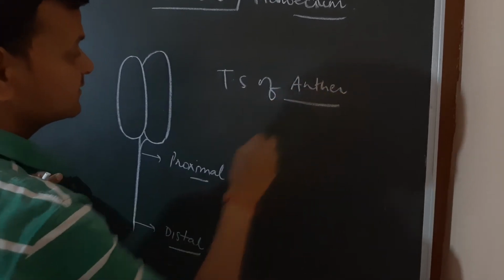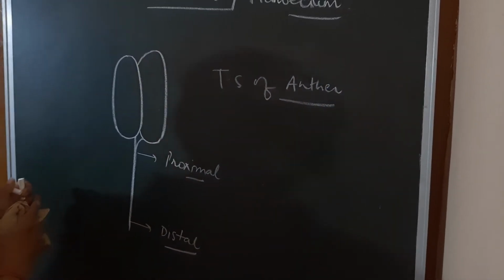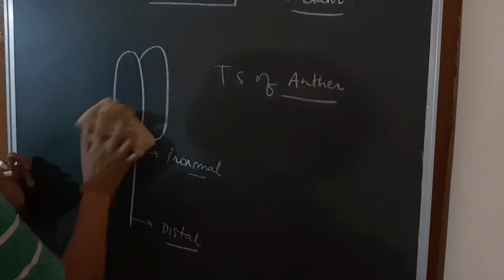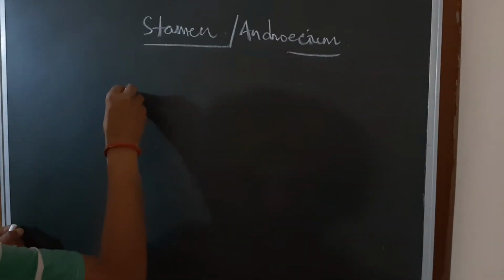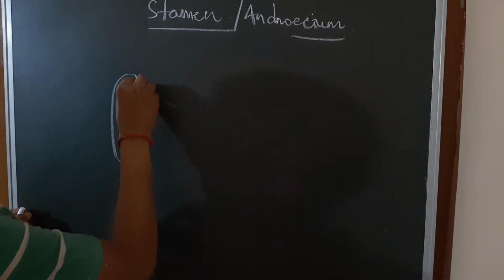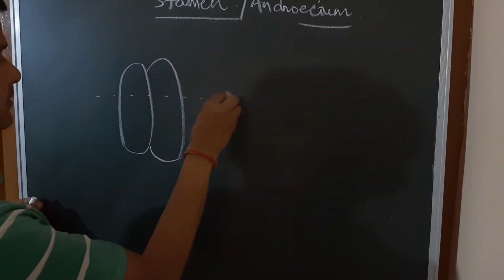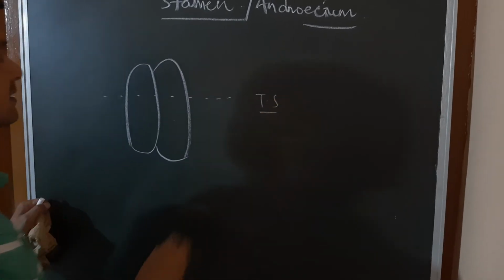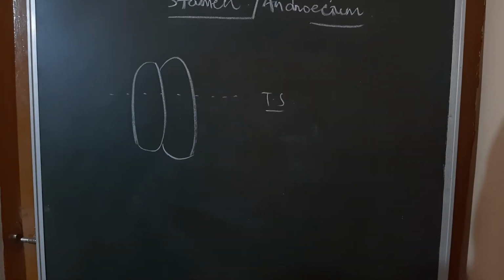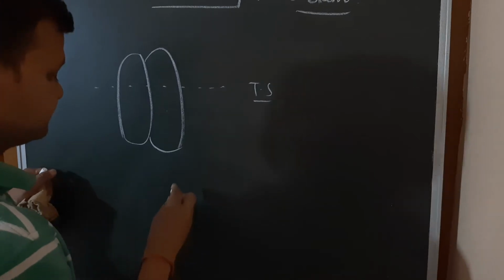The diagram which we will be drawing will be for a dithecous anther. So TS of a dithecous anther. In this, what we find is that this is the anther, bilobed dithecous, and if it is cut in transverse section, the cut surface will be visible in this form.